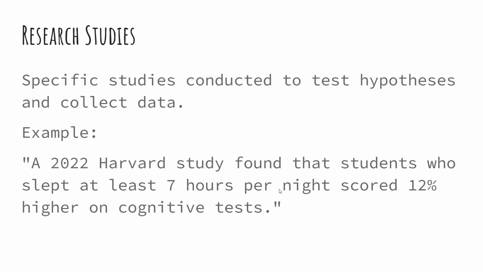This one's referring to a specific study. If you have trouble sorting out those two, don't worry about it too much. "A 2022 Harvard study found that students who slept at least 7 hours per night scored 12% higher on cognitive tests." All right, so it's referring to a very specific study.